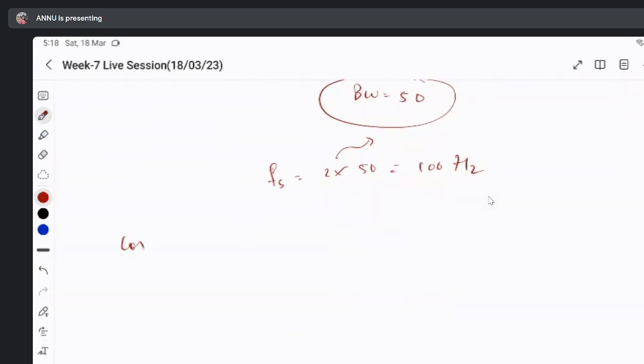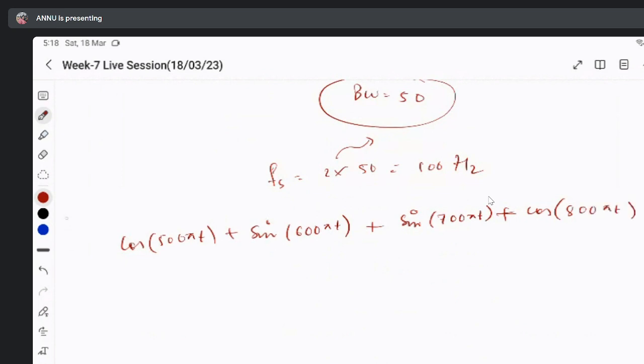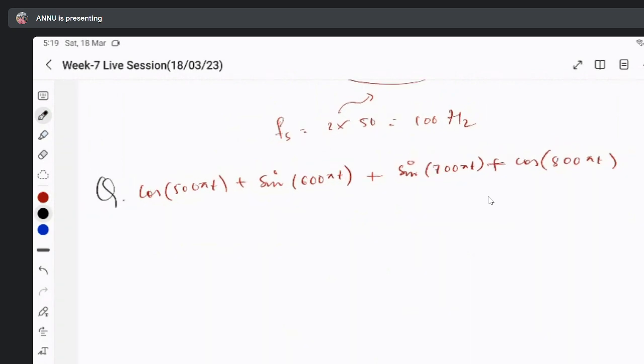Nice. Now, I'll ask a good question. What is the bandwidth for cos 500 pi t plus sin 600 pi t plus sin 700 pi t plus cos 800 pi t? Madam, I'll find out the highest frequency in all the sinusoids.